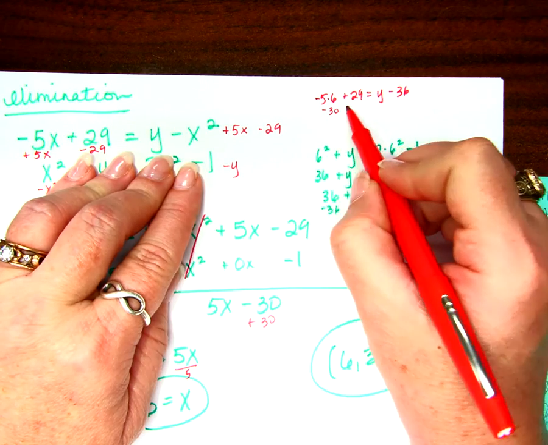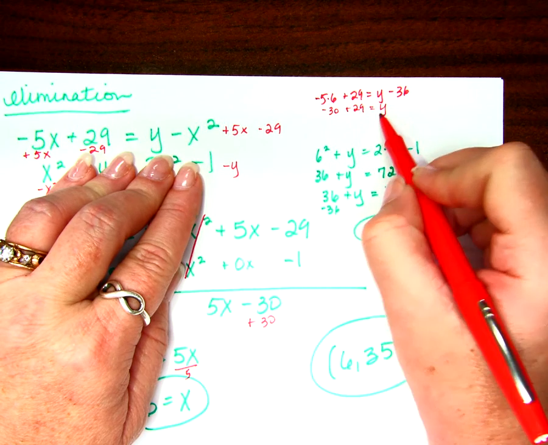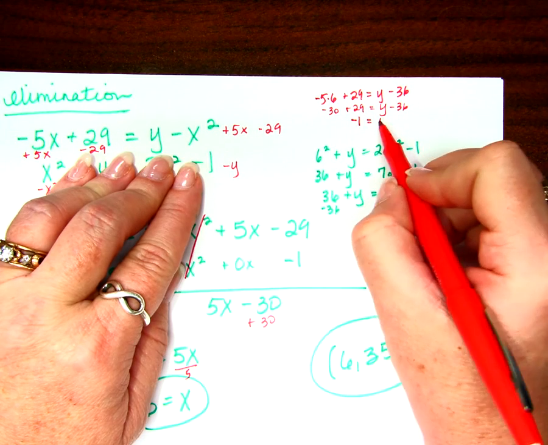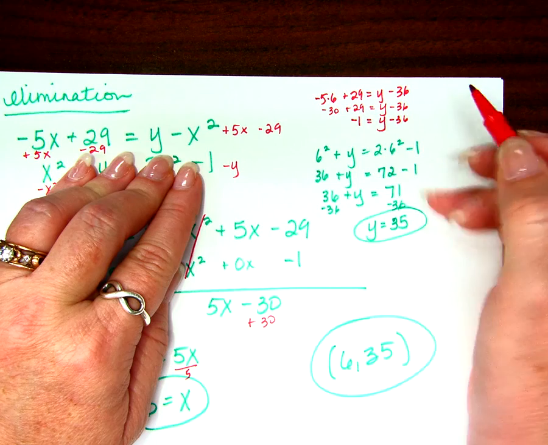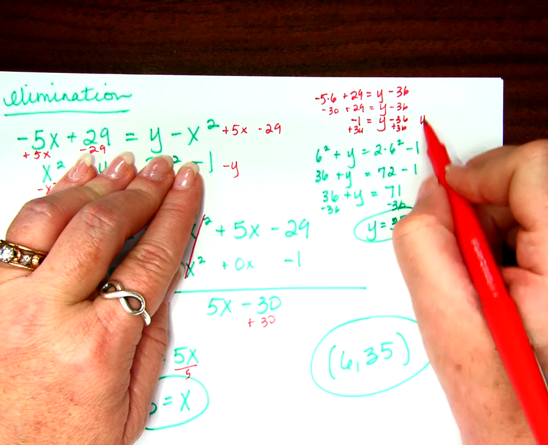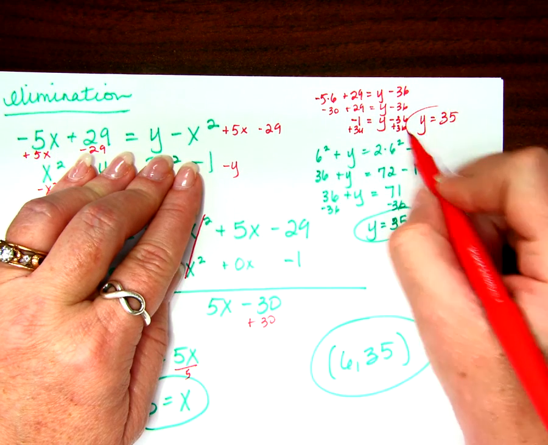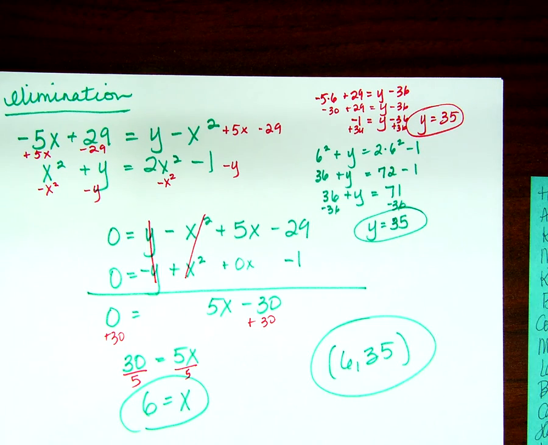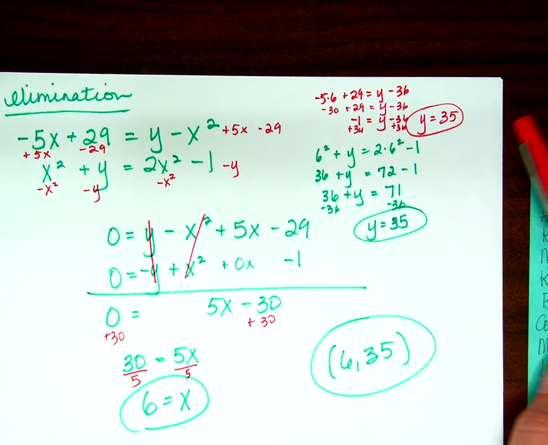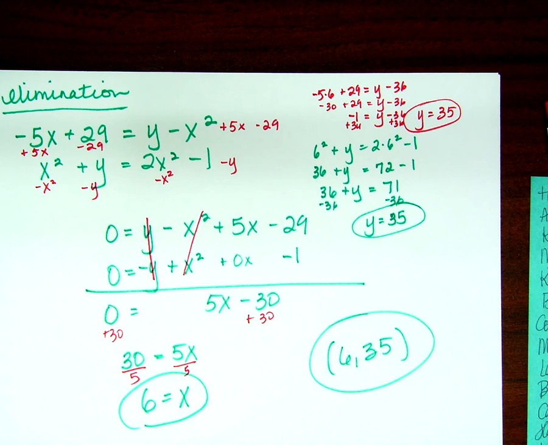Negative 30 plus 29 equals y minus 36. Negative 1 equals y minus 36. If I add 36 to both sides, y equals 35. It does not matter which one you put in. Okay? It doesn't matter which equation you go back to, you're going to get the same y value. Does that make sense? Any questions?